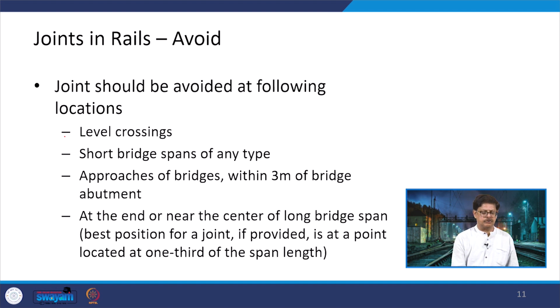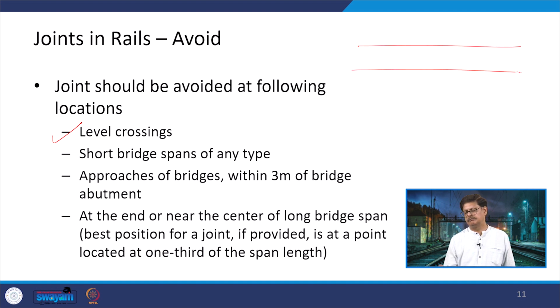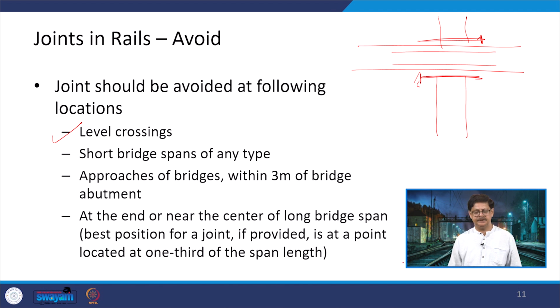At the level crossings. Level crossings means you have a track and then there is a road here which crosses, and a gate is provided here. So, at this level crossing, the rails should run continuously; there should not be a joint here.